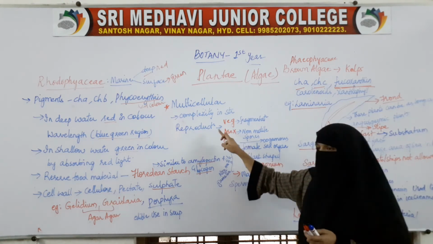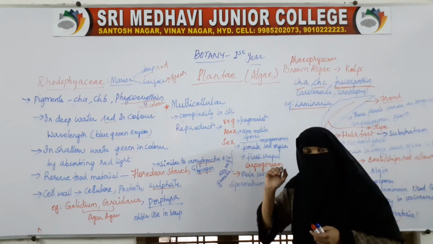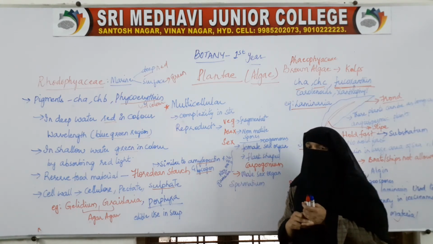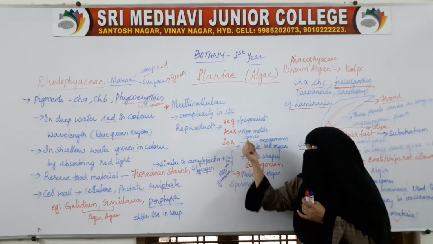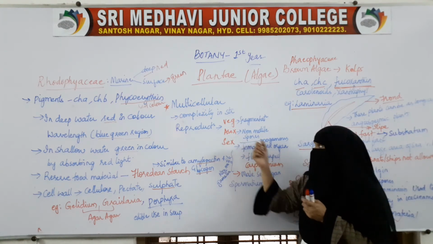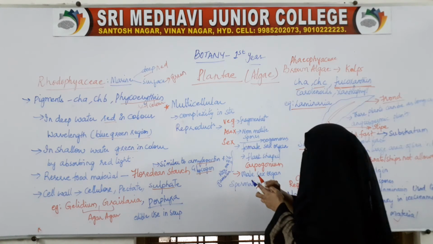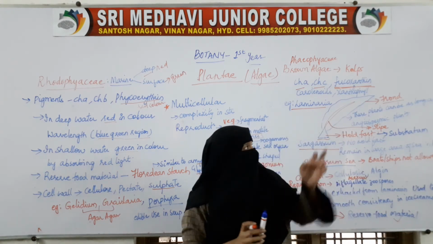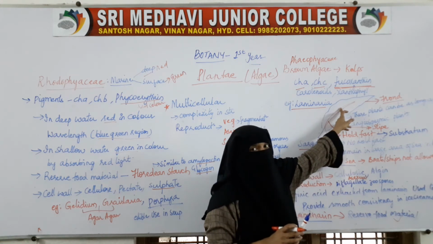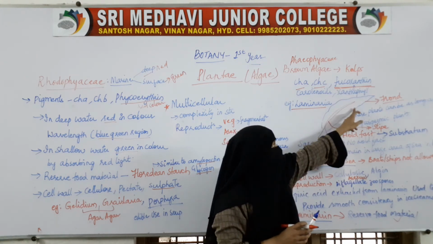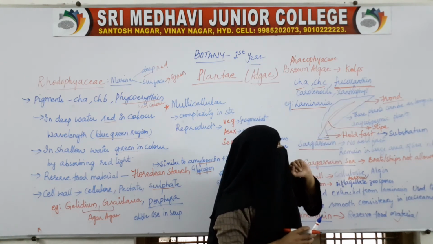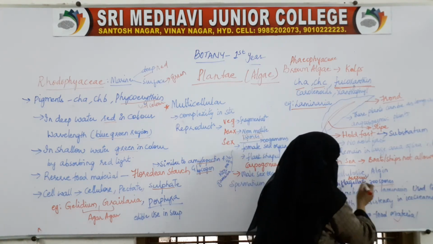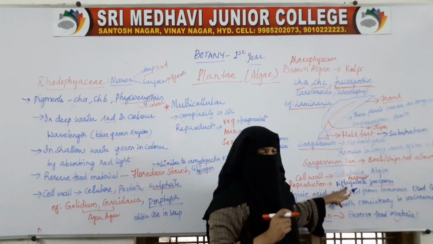Already said, asexual reproduction in all three groups of algae, whether it is Chlorophyceae, Rhodophyceae or Phaeophyceae, is because of the production of spores. In Phaeophyceae, the spores are motile, that is, zoospores, biflagellate, with two flagella present.